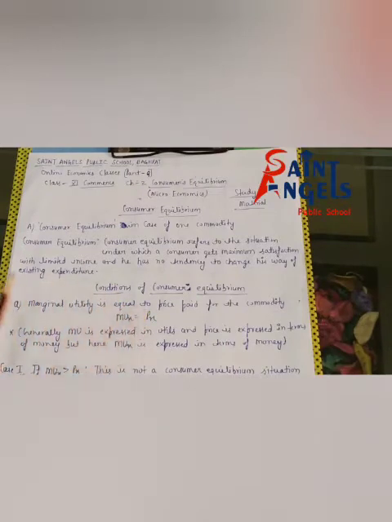First condition is marginal utility is equal to price paid for the commodity. This is the first condition. Suppose someone asks you, what is the condition of consumer equilibrium? You will say that marginal utility must be equal to price paid for the commodity.